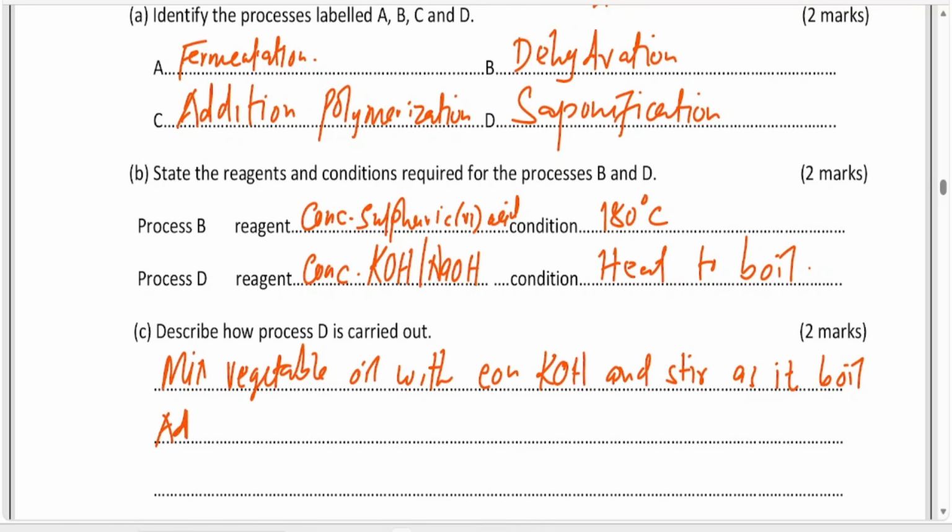Add sodium chloride to precipitate out the soap.